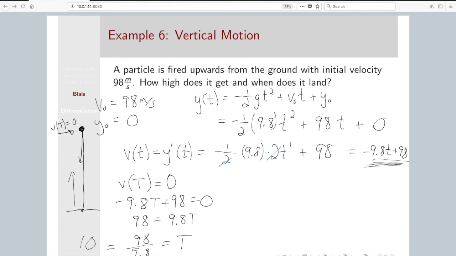So at 10 seconds, it gets to its highest point. And we're asked, how high does it get? So just like in the car question, we need to find its position at that moment. So y of 10 will be, we're plugging 10 in to our function here. So it's minus 1/2 times 9.8 times 10 squared plus 98 times 10.